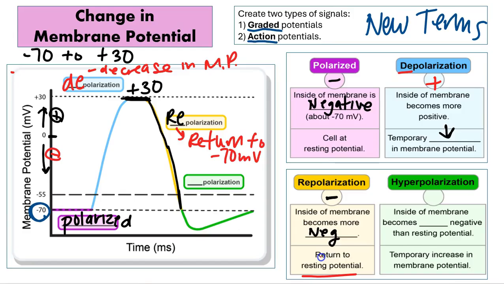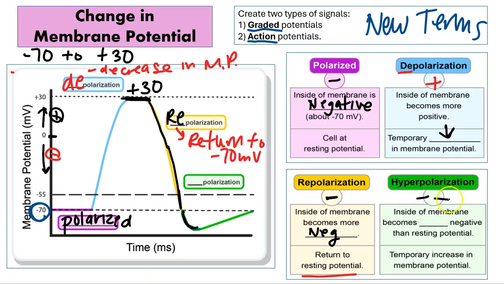Now, guess what, folks? When you're repolarizing, sometimes you go a little bit too far. That means you can have a situation where you're actually going to be more negative than when you're at rest or when you're polarized. If you continue to go beyond the actual resting potential and become more negative, as we see here, there's a term for that as well. That's going to be hyperpolarization.